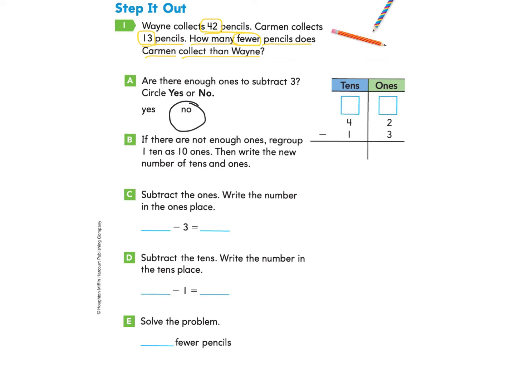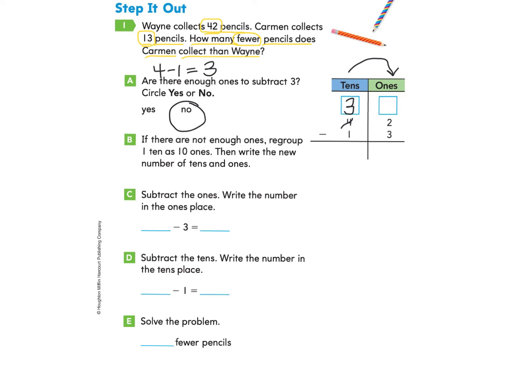If there are not enough ones, regroup 1 ten as 10 ones. Then write the new number of tens and ones. Okay, so we are going to take this group of tens, this 4, and take one of those away. So when we take 4, take away one group, we're going to be left with 3. So we're going to cross out 4 and put 3 here, and we take one of those groups of tens and move it over here to the ones.